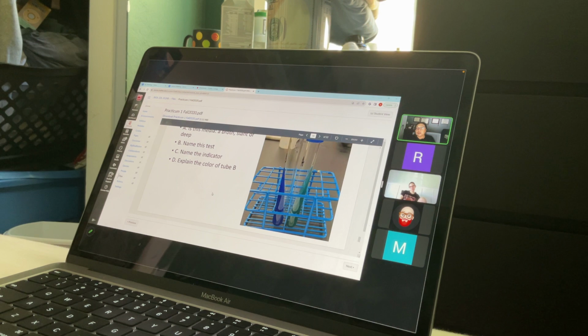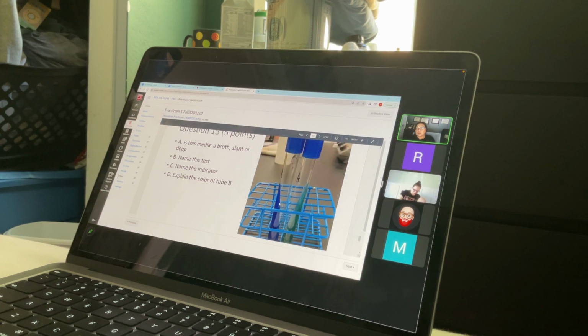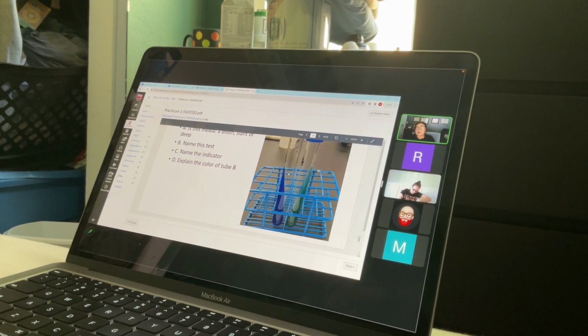So you would say, well, it's a positive result. There's a change in pH. Citrate has been broken down into an acid and ATP. This is the Krebs cycle.